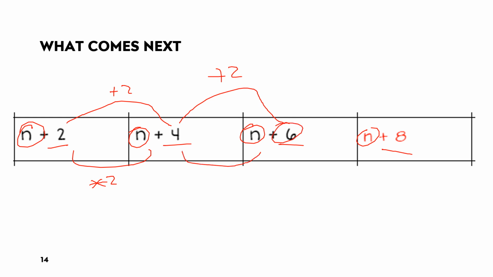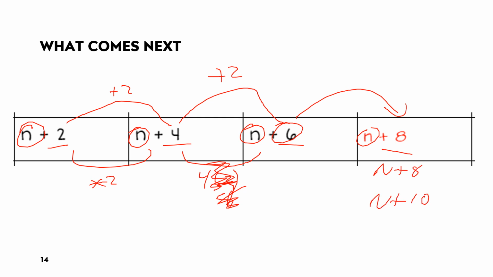When you do 4 times 2, well, that's 8, so that doesn't check out. So now I'm really thinking, is my pattern plus 2? And it is. So I add 2 to get 2 to 6 to get 8. So it's n plus 8. Next one would be n plus 10, n plus 12, so on and so forth, on to infinity. Or as Buzz Lightyear would say, infinity and beyond.